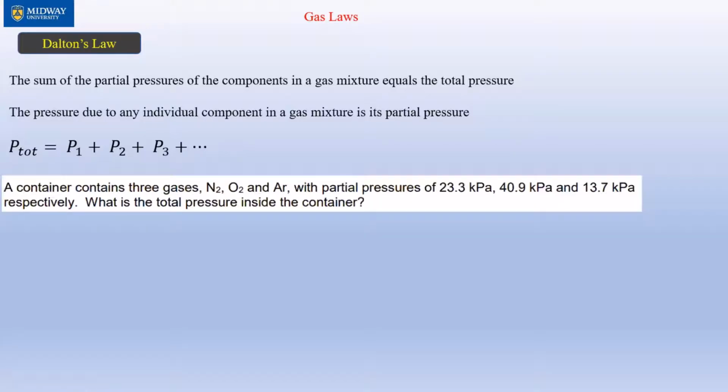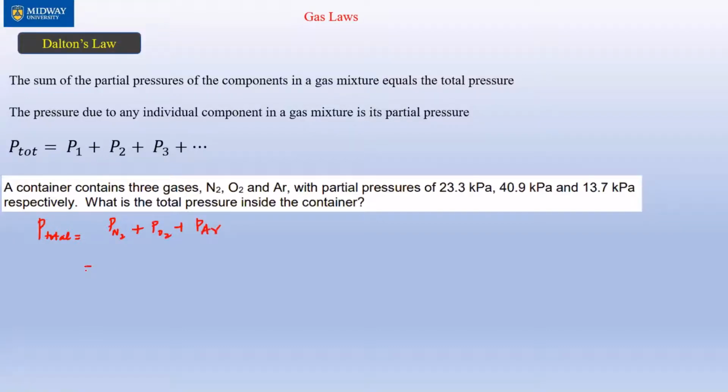Okay, so a container contains 3 gases, N2, O2, and Ar, and the partial pressures are already provided for each of those gases, and it's asking for the total pressure. So P total equals partial pressure of N2 plus partial pressure of O2 plus partial pressure of Ar.